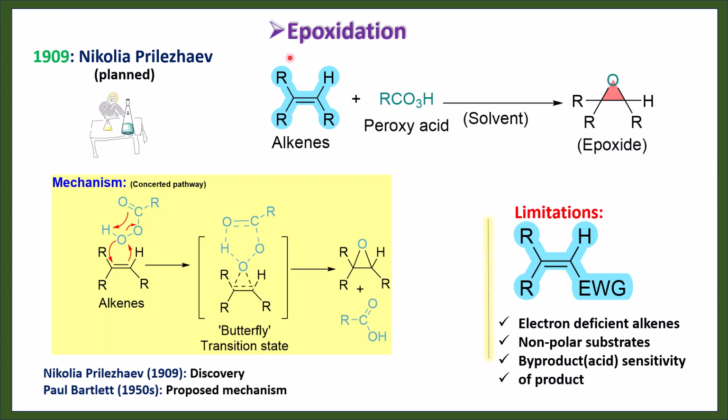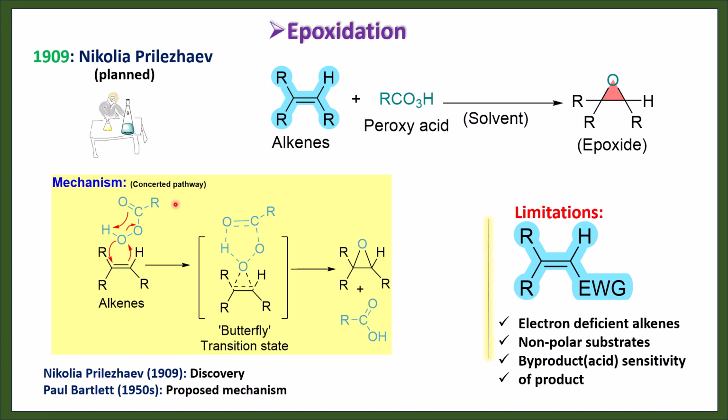Now we'll discuss another oxidation reaction, epoxidation. When alkenes are treated with a peroxy acid in different solvents, an epoxide is formed. This is a three-membered oxygen-containing ring called oxirane, also known as epoxide.